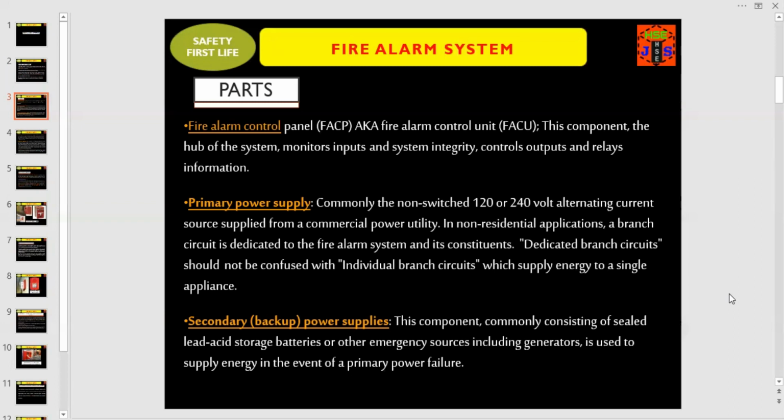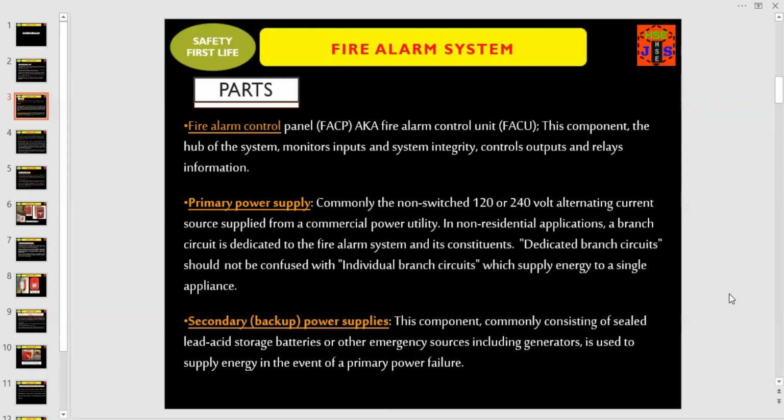Primary power supply, commonly the non-switched 120 or 240 volt alternating current source supplied from a commercial power utility in non-residential applications. A branch circuit is dedicated to the fire alarm system and its constituents.